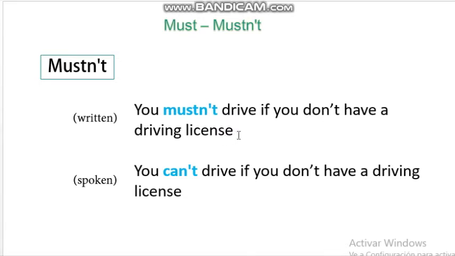You can't drive any vehicle if you don't have your driving license. But in spoken English you can say, "You can't drive if you don't have a driving license." So you don't drive because it is prohibited. So must is stronger.